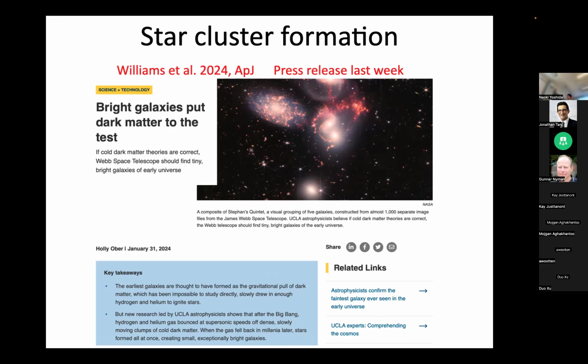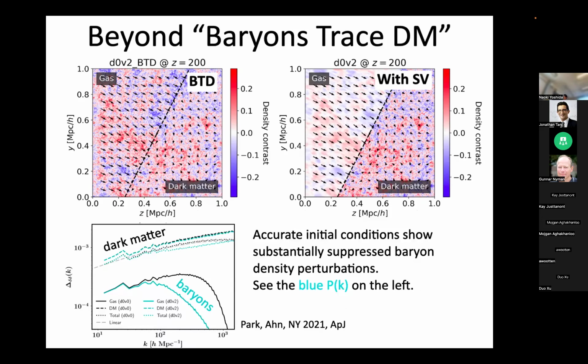Okay. Now, because of these relative motions, the density distribution of the gas is slightly different from what we thought before. And an additional effect arises, as pointed out by a few authors.